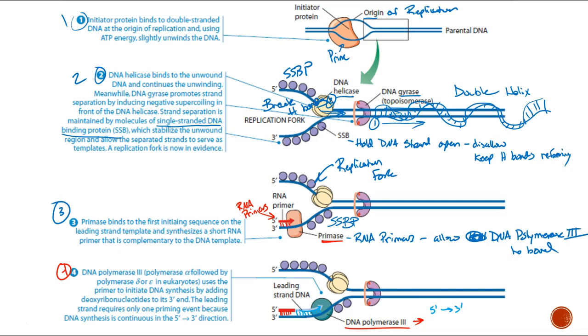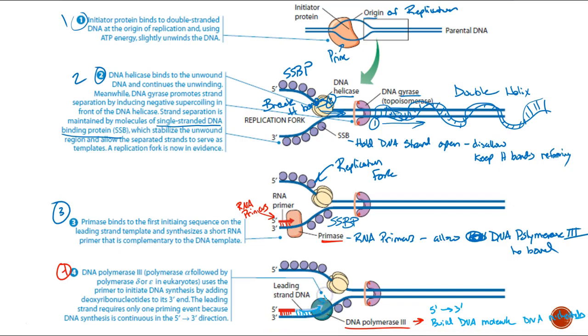direction. But the job of DNA polymerase is to build the DNA molecule by placing the DNA nucleotides. Okay, so it's placing those DNA nucleotides 5' to 3'. Notice that this is the 5' end of the molecule.